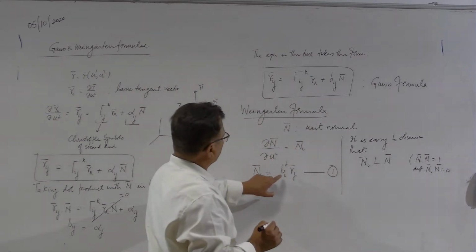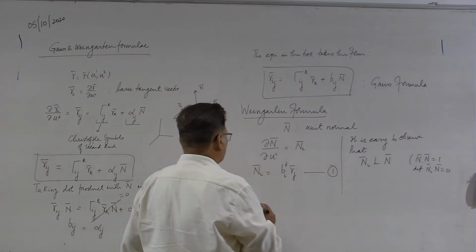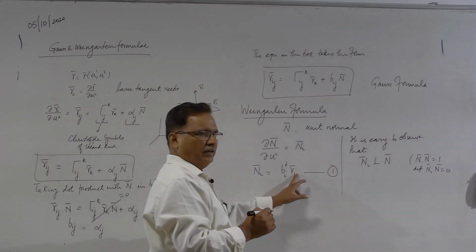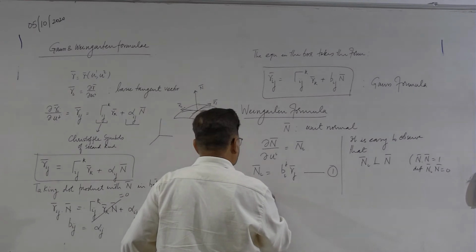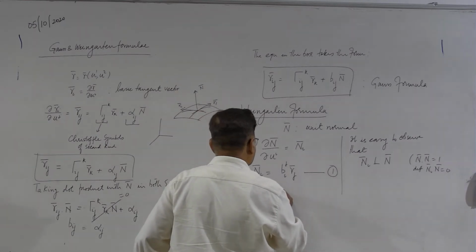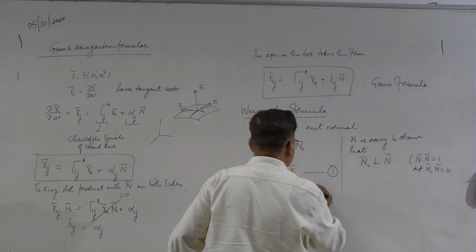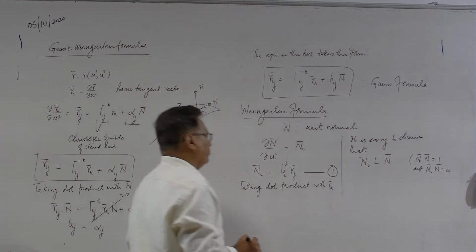Now, we will first explore what these B I j's are. So, what I will do, I will take the dot product with R k on both sides, of course.